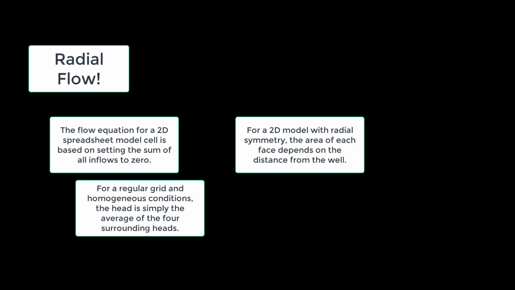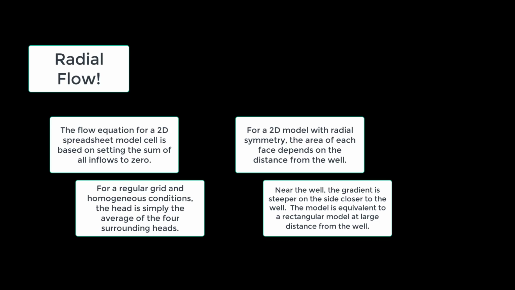What changes fundamentally for radial conditions is that the area of the faces towards the well, or towards the point of symmetry, are smaller than the faces farther from that point of symmetry. The result of this radial symmetry is that the gradient is higher near the well, but as you move farther away, the difference in areas from the inner and outer faces is very small, and so it essentially approaches a rectangular grid.